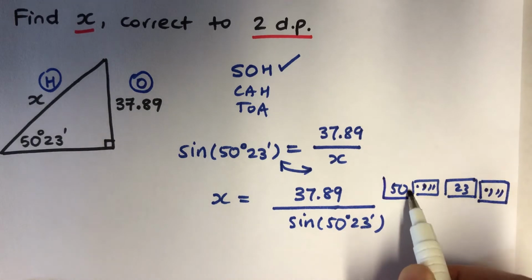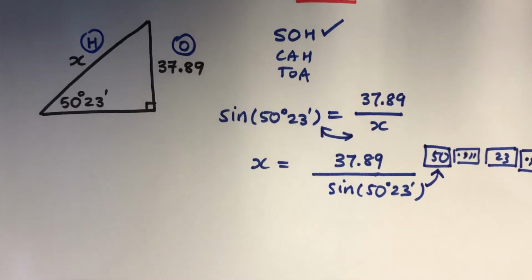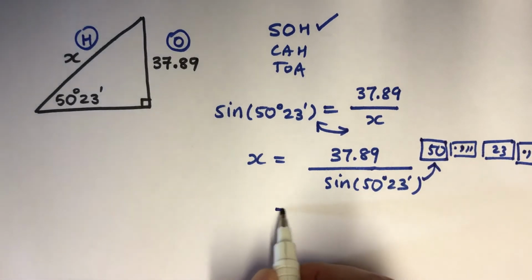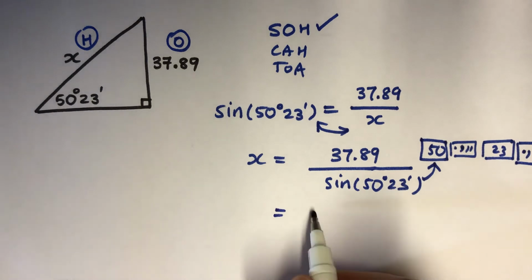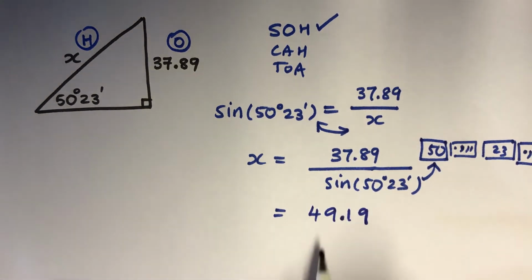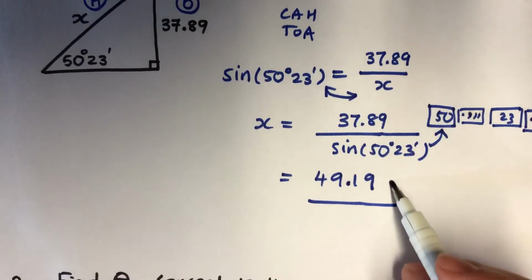Those are your calculator steps, and obviously you've got to press sine as well. When you do that, you will get 49.19. I'm just going to leave it at 2 decimal places, as that's what it says. Okay, excellent.